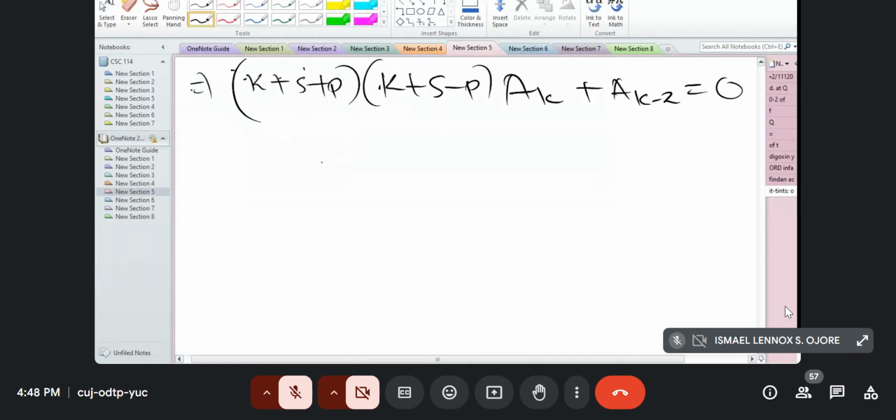So this is what will help us determine the recurrence relation, but you're now solving for a higher index in terms of the lower index. If we do that, what will be the formula? You first isolate the lower index as much as you can, then do what you have to do to solve for the higher index in terms of the lower.